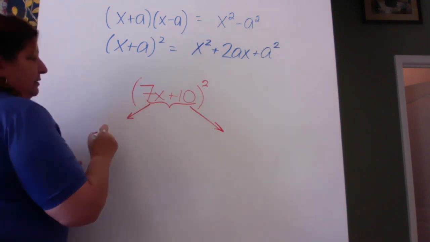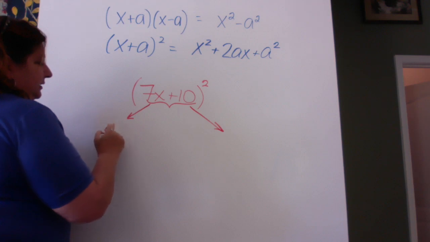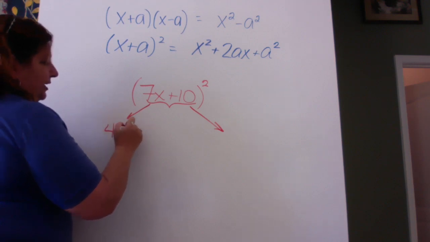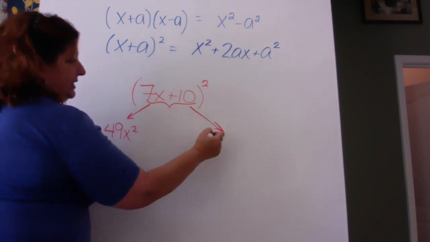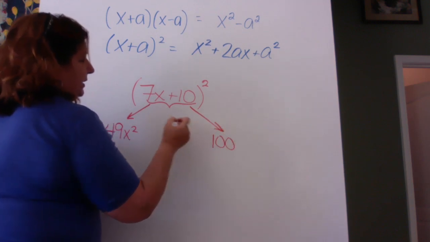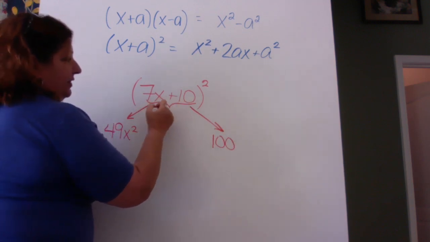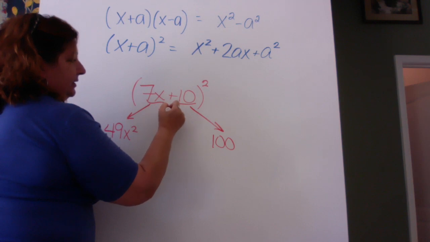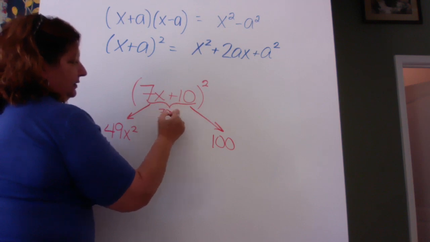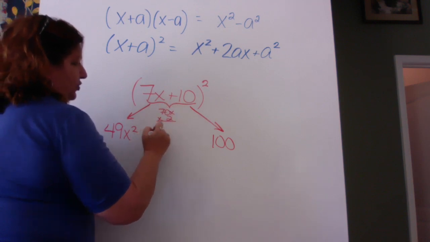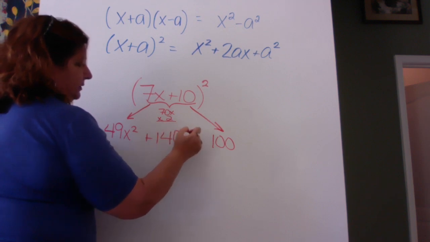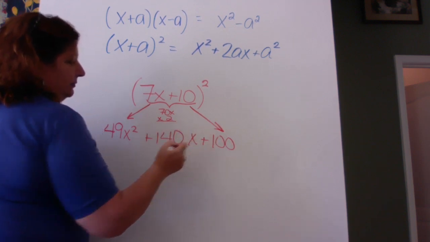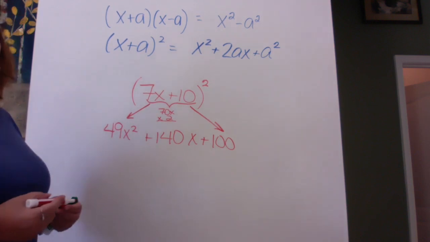So 7x times 7x is 49x squared. 10 times 10 is 100. And when I multiply these two together, I get 70x times 2, and I get 140x. Okay?